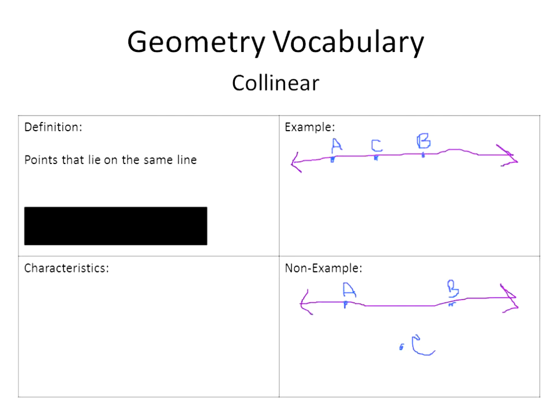So those three are not collinear because they're not all on the line. I want you guys to fill in some of the characteristics on that. Such as, you're talking about points, right? And they have to be on the same line. Those are the big things with that one.